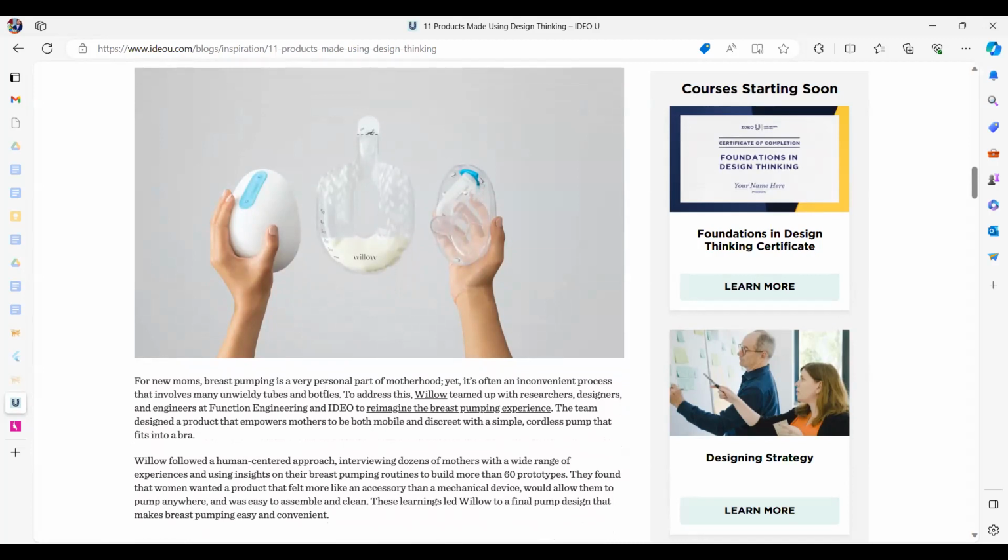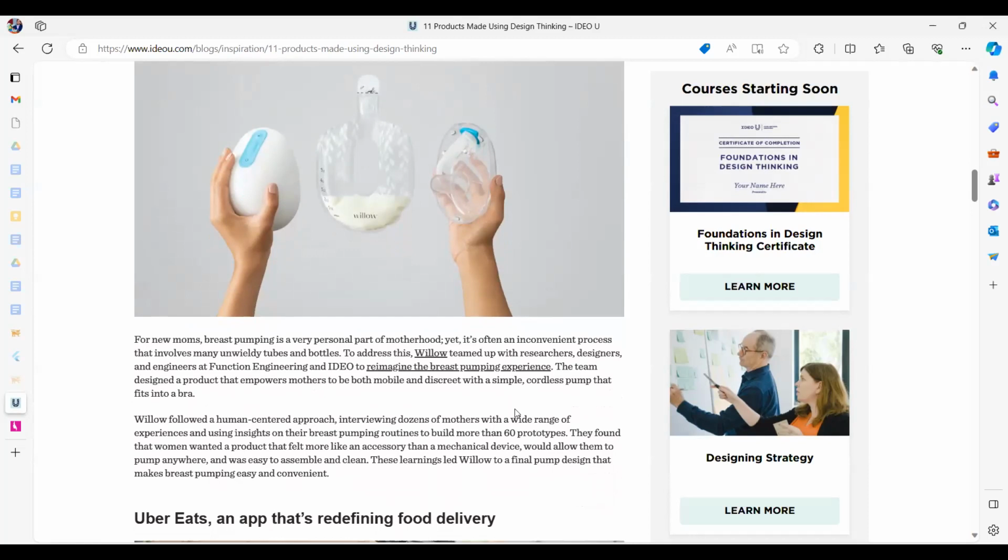Some mothers, what they do is they take the milk out and then leave it with their kids, right? So this one was a problem. So the solution was to have a wearable pump. So they don't need to stop anything to use the breast pump, right? It's a cordless pump that fits into the bra.